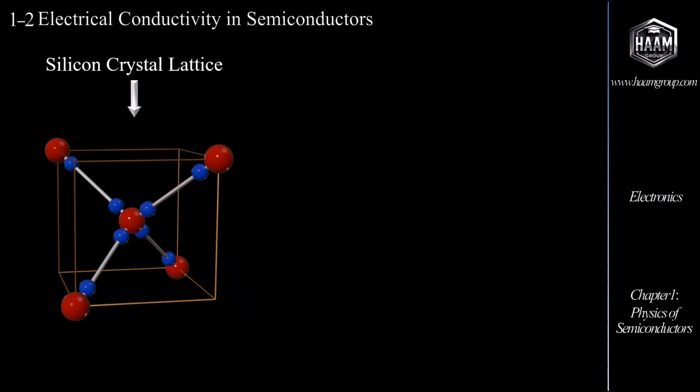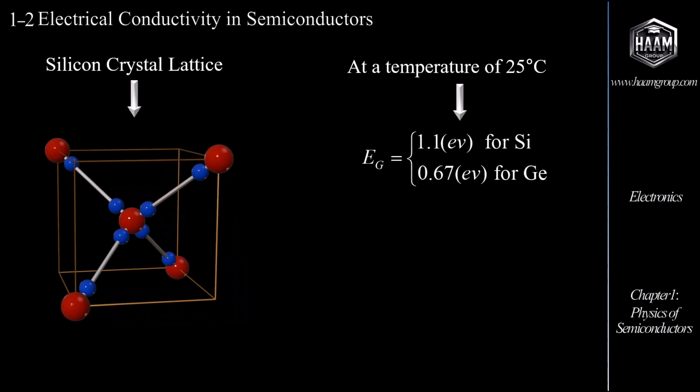As a result, freeing an electron from the valence shell of an atom requires much more energy compared to conductors. At room temperature, the band gap energy for silicon is about 1.1 electron volts, and for germanium, another semiconductor, it's about 0.67 electron volt.